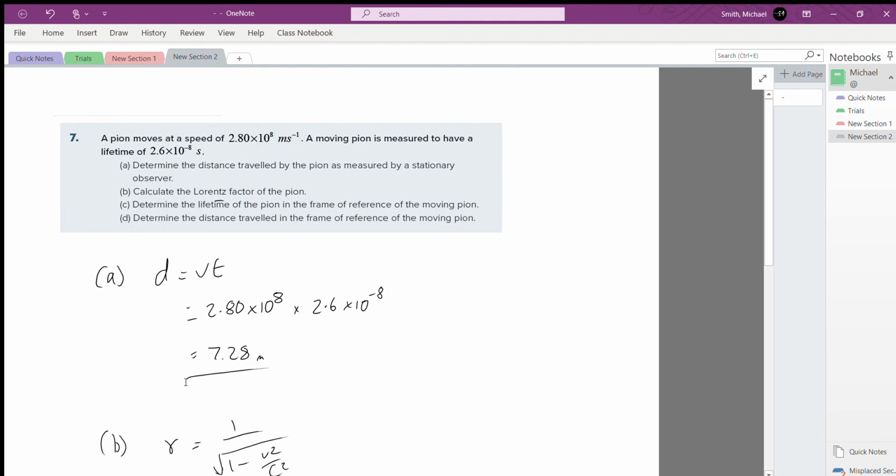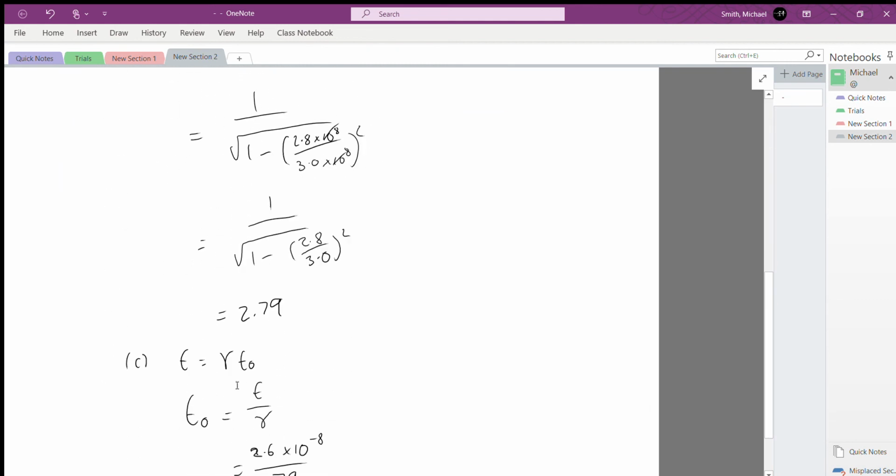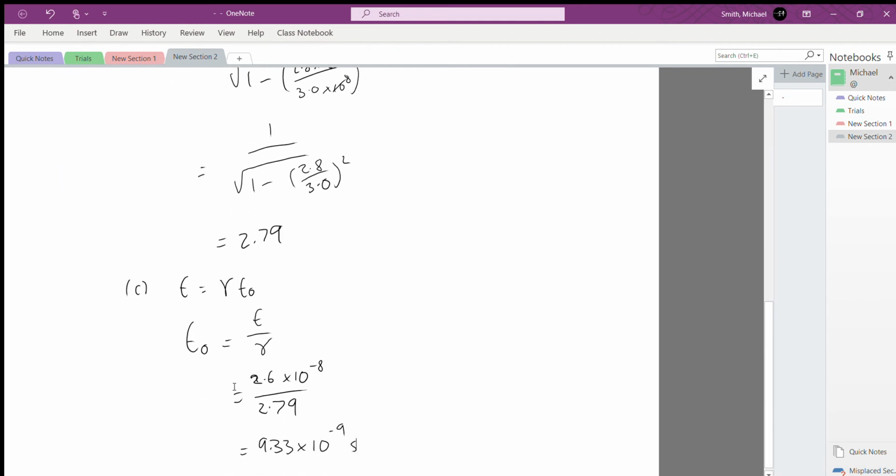Finally, we need to determine the distance travelled by the pion as measured in the frame of reference of the pion. So in a similar way that we did on the earlier questions, distance is speed times time, except in this case we're using the time as measured in the frame of reference of the pion, so the 9.33 times 10 to the power of minus 9.